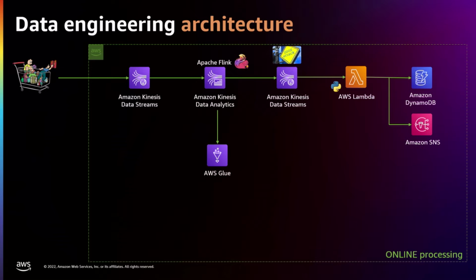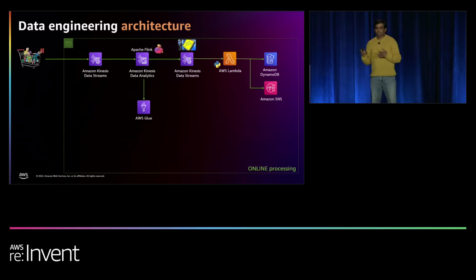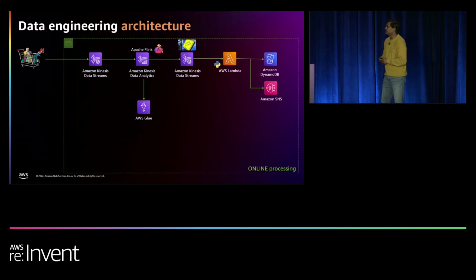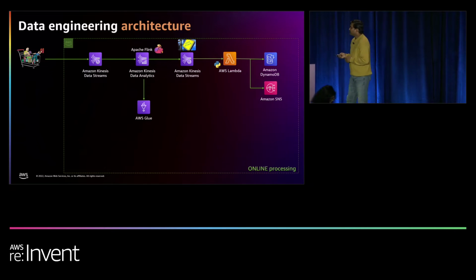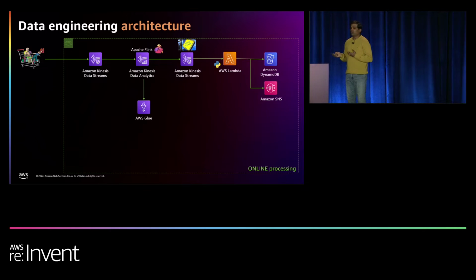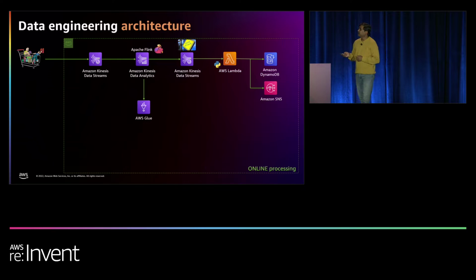Sure. Thanks so much, Rohini. All right. So just to summarize where we are now in this architecture, we are taking the online shopping transactions, and it's coming to Kinesis data stream. And then we are processing that with Kinesis data analytics using Flink.